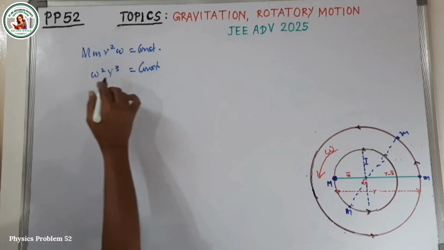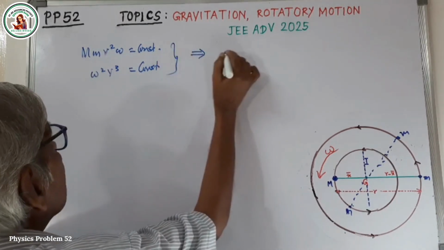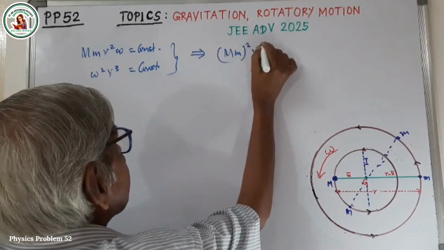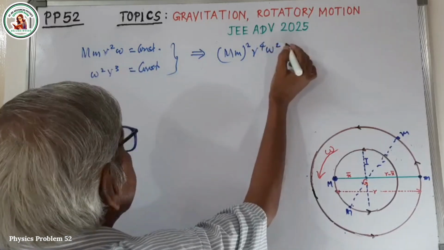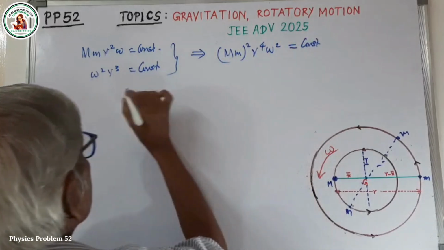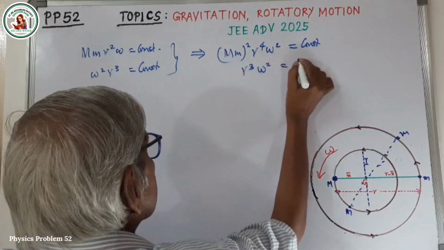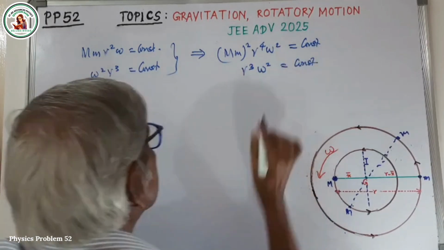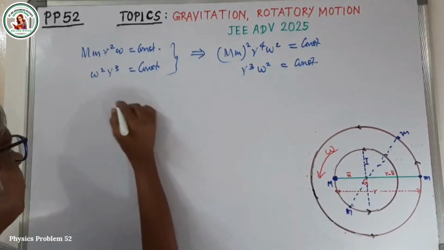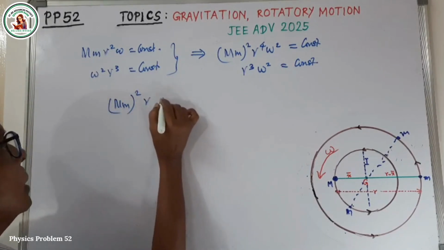From here we eliminate omega, which implies M m square r power 4 omega square is constant, one constant. Then the lower one, r cube omega square, is also constant. When you divide, you get another constant, that will be M m square r equal to constant.